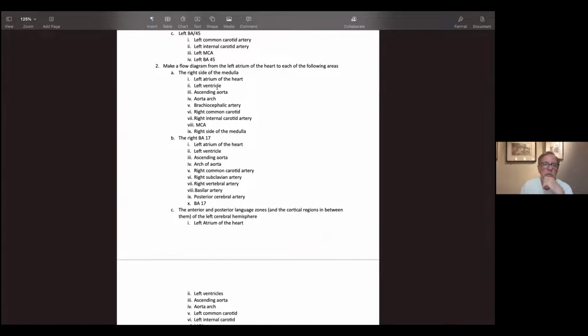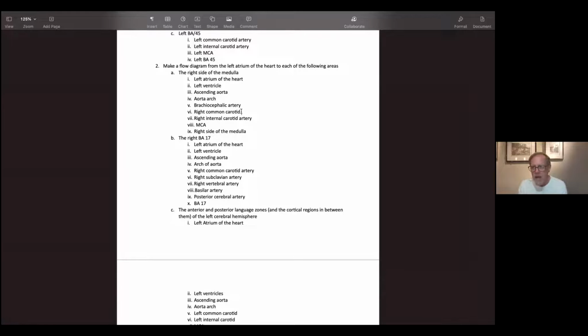So you're going from the left atrium to the left ventricle, very good, to the ascending aorta, to the arch of the aorta, to the brachiocephalic. Now we're going to the right, so the right's good. Your brachiocephalic, you're good. Now here with the common carotid, you've taken a wrong turn. Does everybody see this? Yeah, we see it. You don't see my cursor, but I'm talking through it.